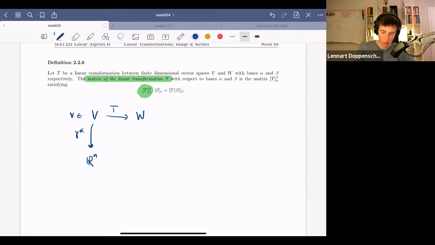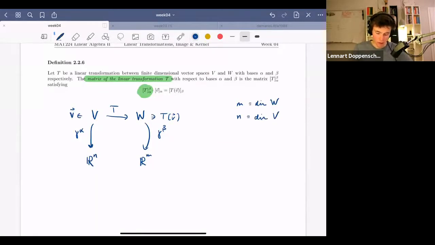And when we have a result T of v in W, we can again find the coordinate expression gamma beta. This time alpha and beta are different because they might not be the same all the time. And this will land in Rm, as m will have to be the dimension of W and n will have to be the dimension of V.